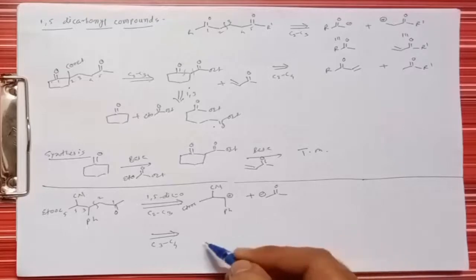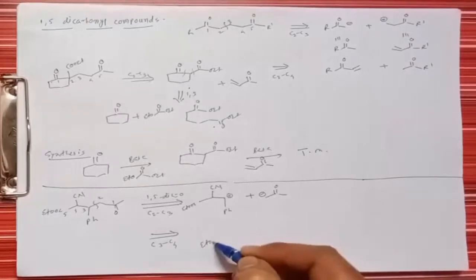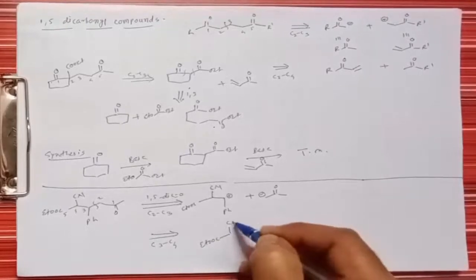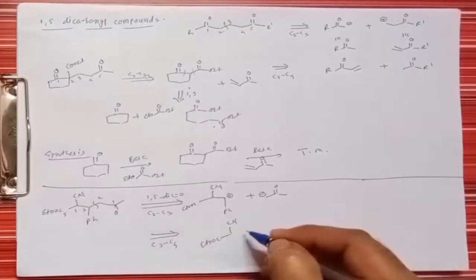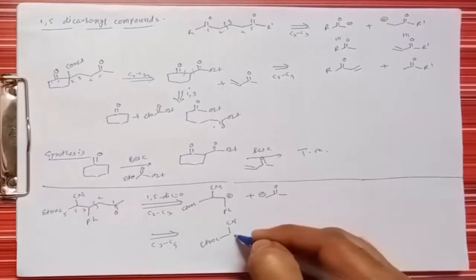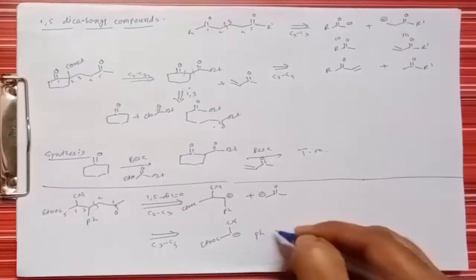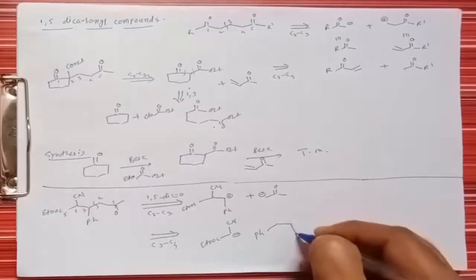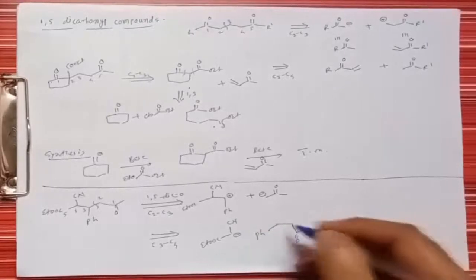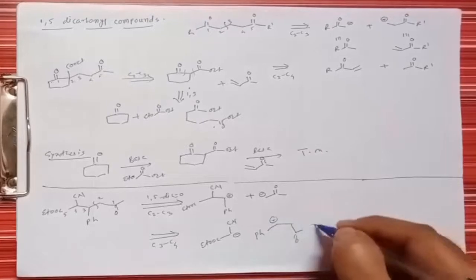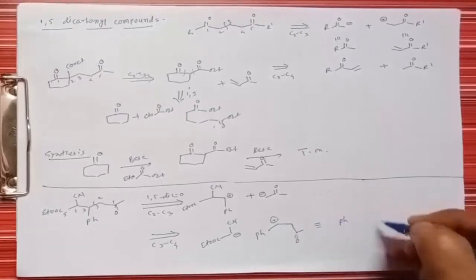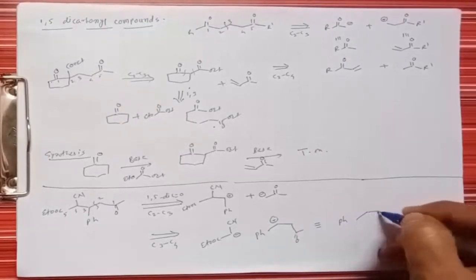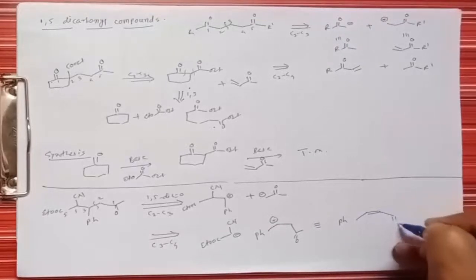Then we can take this EtOOC, here CN minus, and here a negative charge, and PhCH2 CH3 with a positive charge.